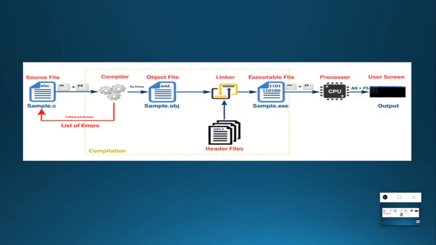This picture will show you from the starting to the ending. First we write a program, .c, a sample program. Then we press Alt F9. Immediately this source .c file will be converted into an object file, meaning if you don't have any errors. If you have errors it will stop there. Otherwise it will convert into the object file. And this object file, if you link it, with the help of the header file, will be converted into the execute file. This is the next step. After that, if you press Control plus F9, this execute file will be converted into the output.